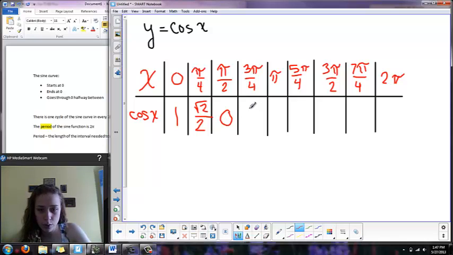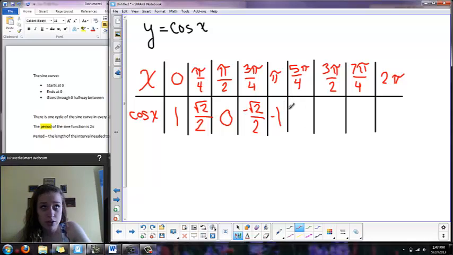Now we're into the second quadrant, so 3 pi over 4, that's 45 degrees into the second quadrant, so that's going to be a negative radical 2 over 2. Cosine at 180 degrees is negative 1, and you can be using your unit circle to check me out on these as I go.